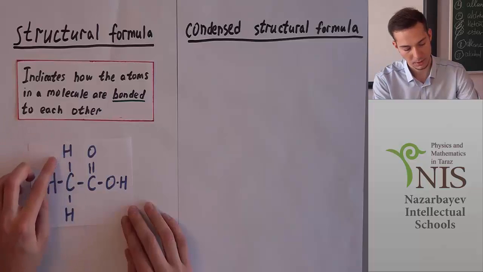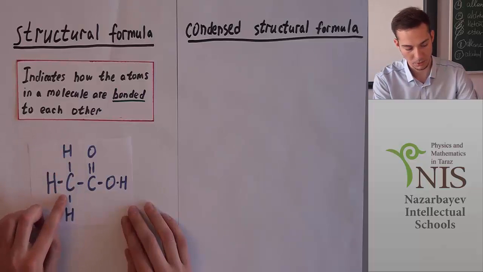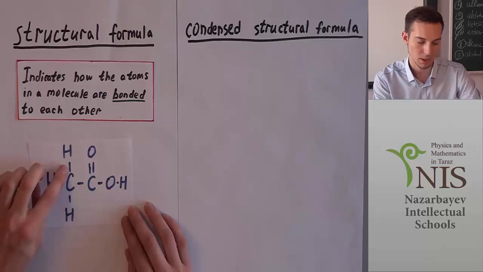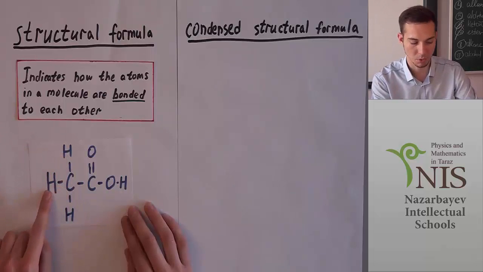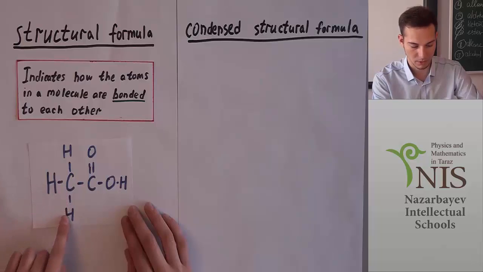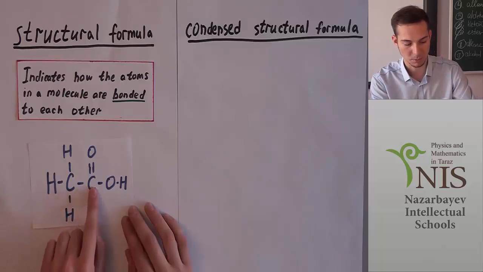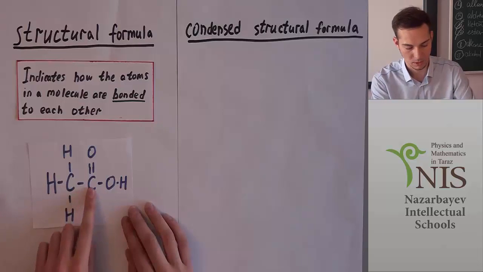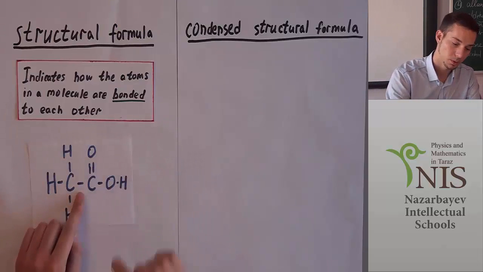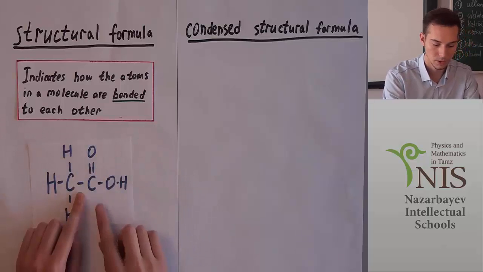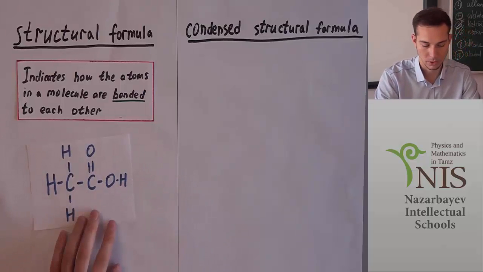On this part of the formula, the carbon atom is bonded with hydrogen atoms. Carbon atom is bonded with hydrogen with this one. Carbon atom is single bonded with this carbon. This carbon is double bonded with oxygen, and oxygen with OH.